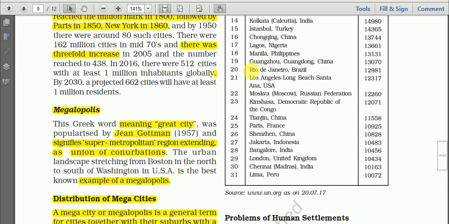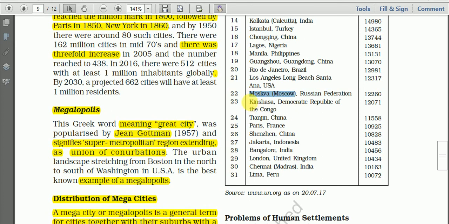Rio de Janeiro in Brazil. Los Angeles, Long Beach, Santa Ana in USA. Then Moscow in the Russian Federation.